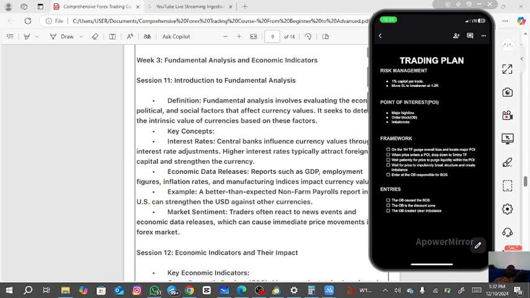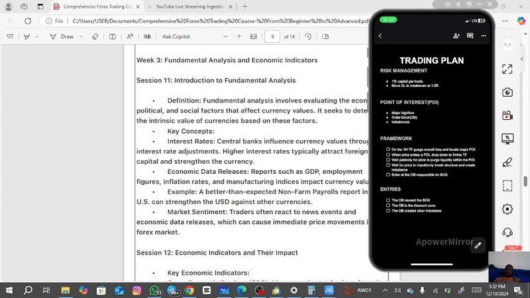And once I'm in that trade and it has moved into profit about 2 times my risk, I'm going to move my SL to break even. What is break even? Break even is moving your stop loss from its original area to the entry point.